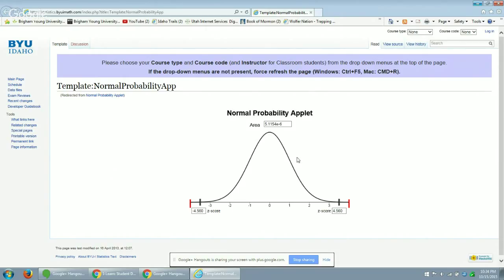So I'll go back to explaining the next step, which is the level of significance, also known as alpha.